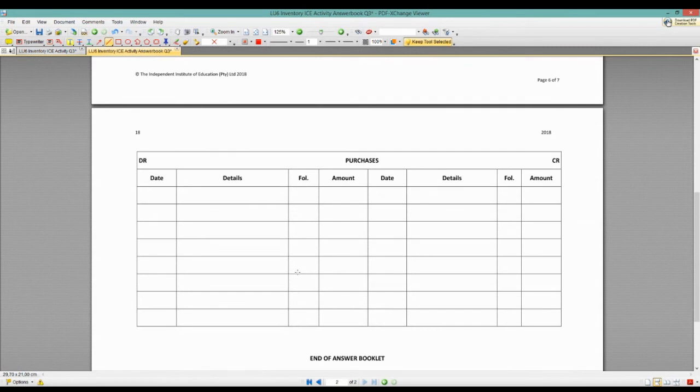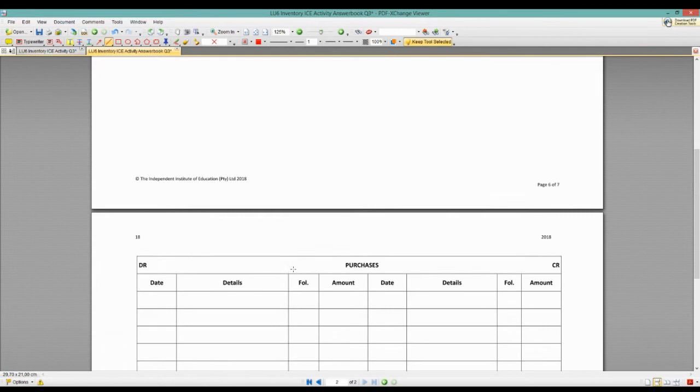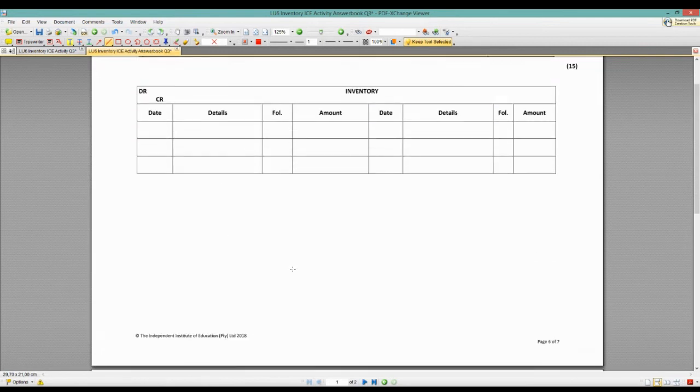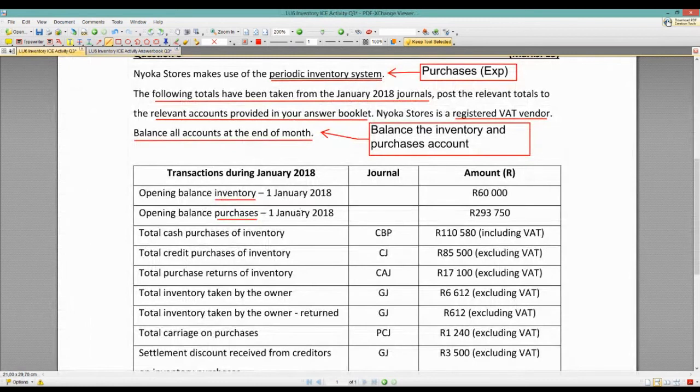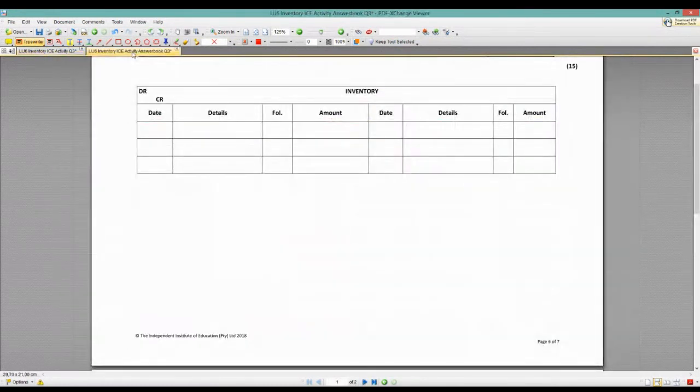Now I'm going to complete this on this answer booklet that was provided so that we can have the information as we go. So the first thing you had to do is take the opening balances, the opening balances in your account. We know that the opening balance on the 1st of January for inventory was 60,000. Now remember, inventory opening balance would be on the debit side. So we say here balance.